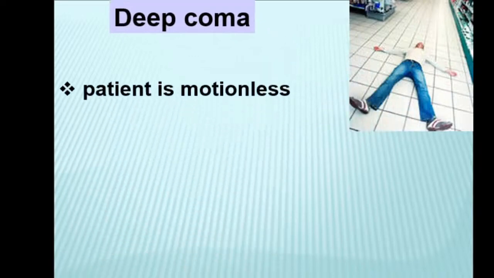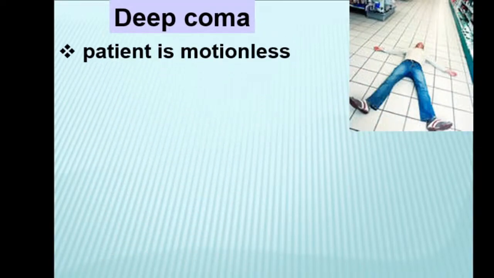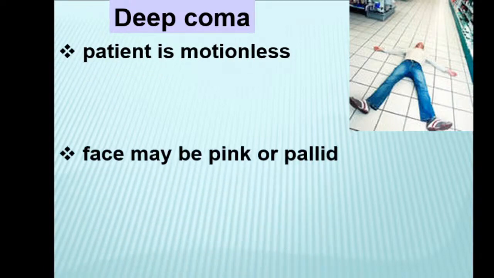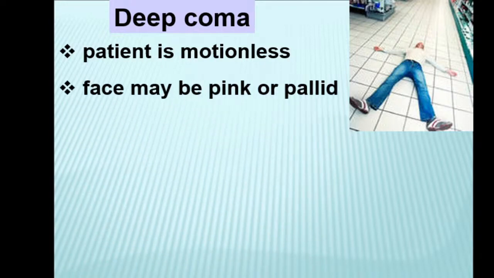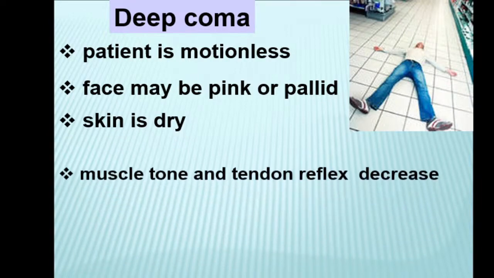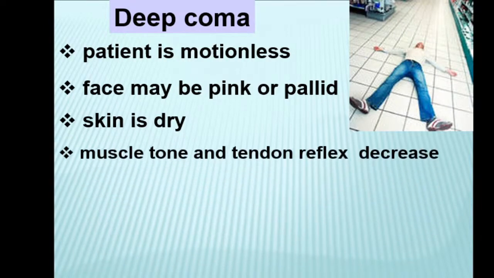What can you see? A patient with diabetic hyperglycemic coma is motionless because he is unconscious. His face may be either pink or pale, but the skin is very dry. Muscle tone and tendon reflexes decrease.